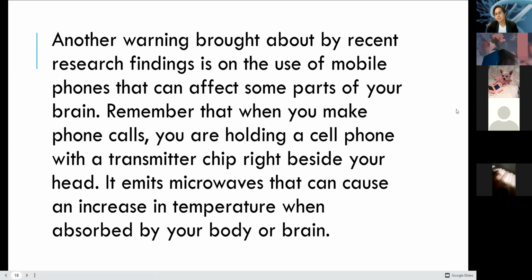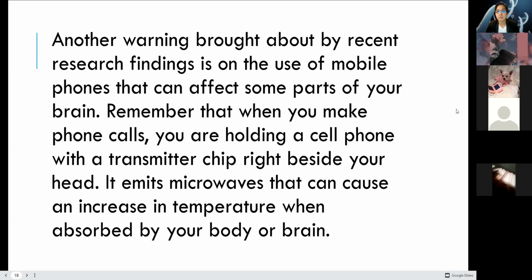You might not be aware that it is happening in your brain because you didn't feel anything at all.